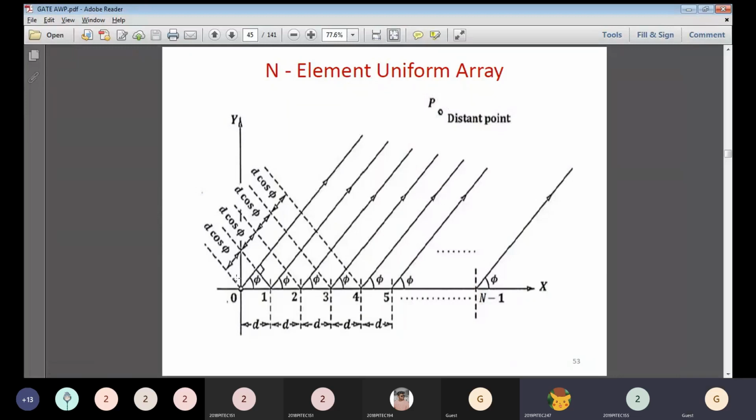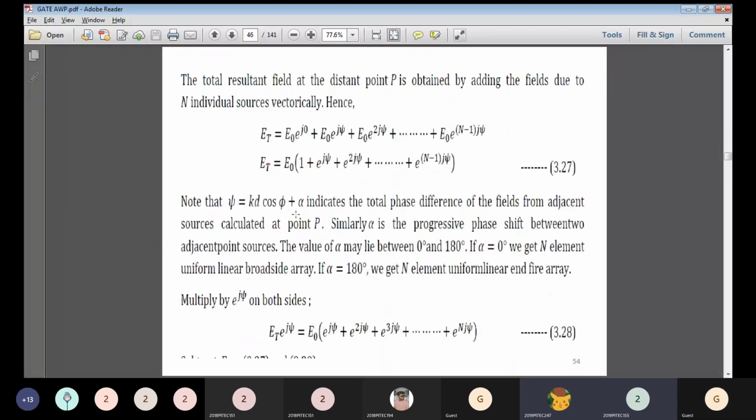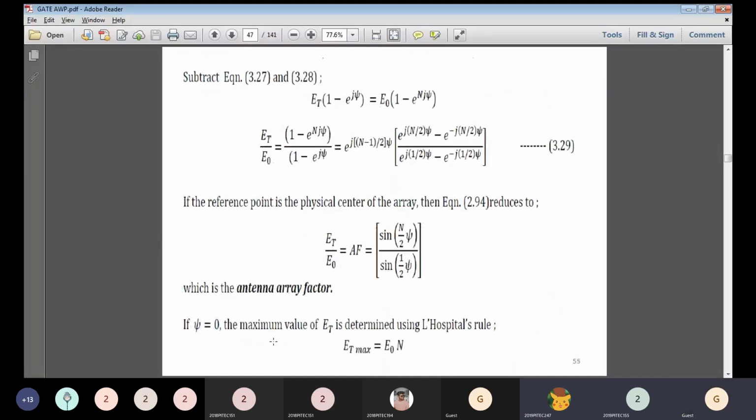Psi is the phase difference between the individual antennas, having the value d cos phi. With the help of this diagram, we can find the ET value. And finally, you are going to get our antenna array factor.